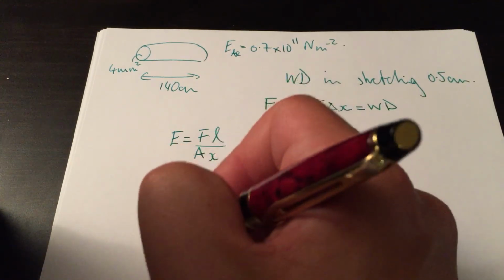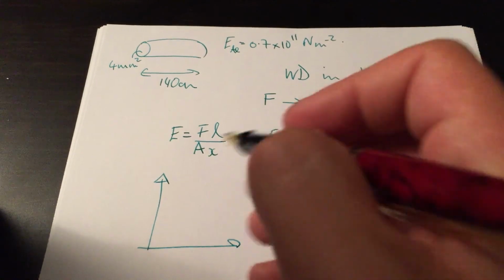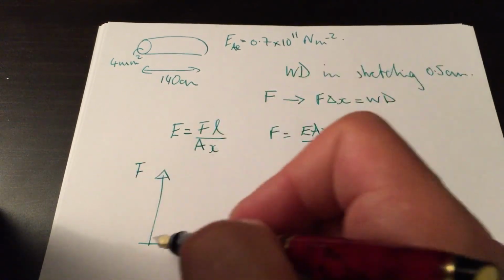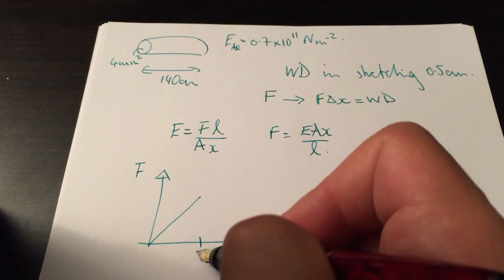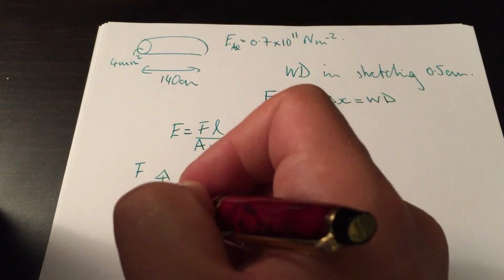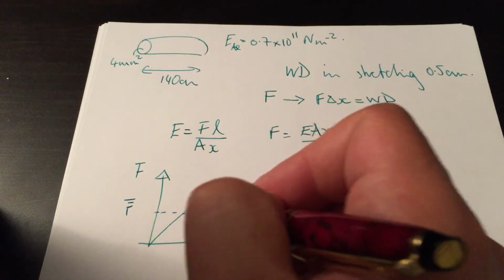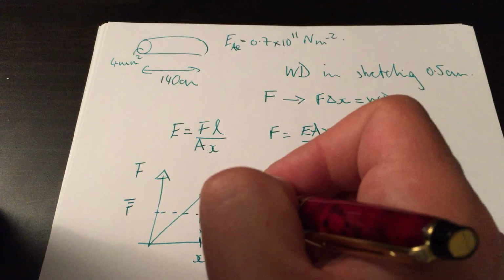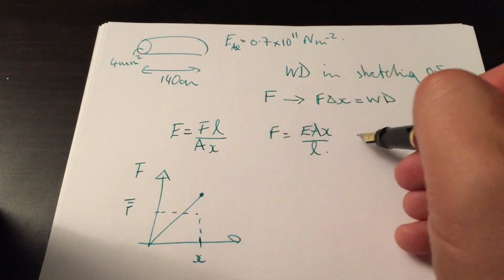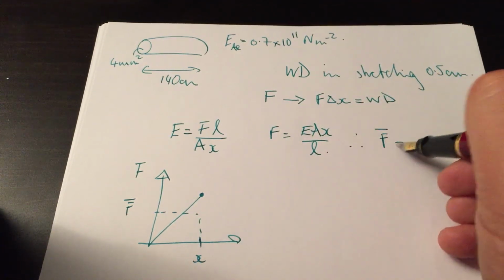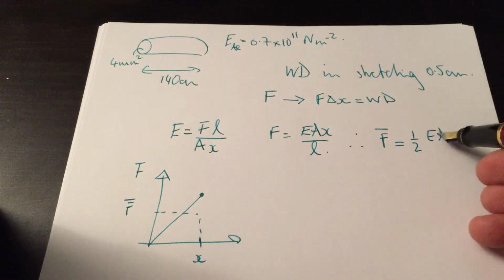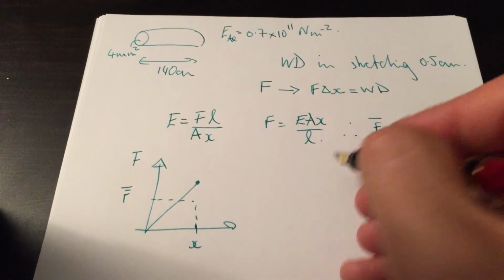That would be the force needed in order to get to X. But I'm looking for the average force. So I really need to say that, therefore, F bar is a half EAX over L.